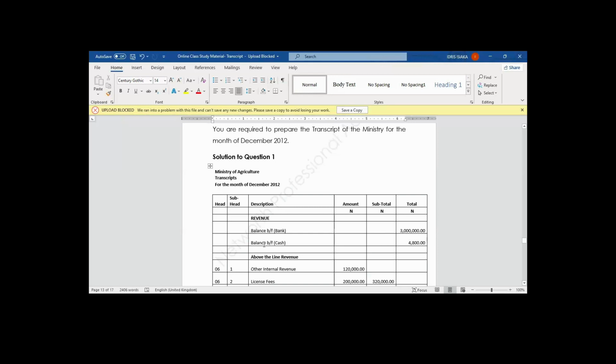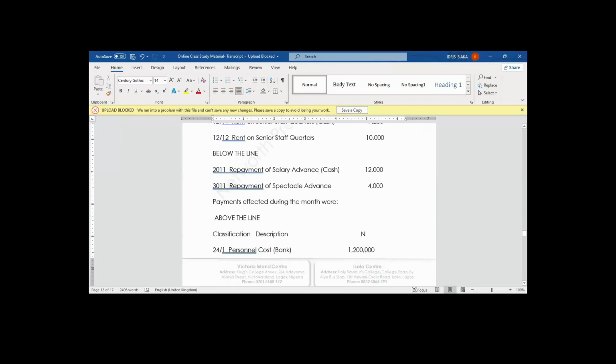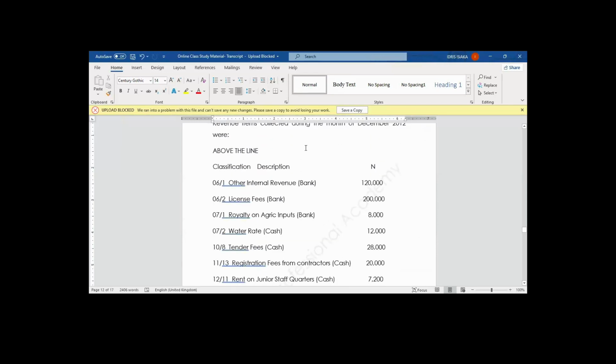Now, this is the revenue side. We now say above the line revenue. Number 1 above the line revenue that we are given in the question is what? Other internal revenue, which is 120. If you look at 06/1, 06 is the head, while the subhead is what? 1.